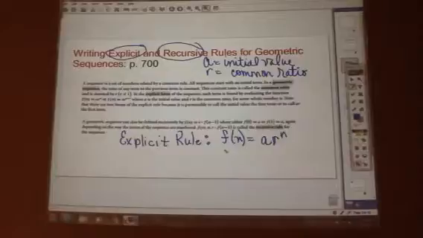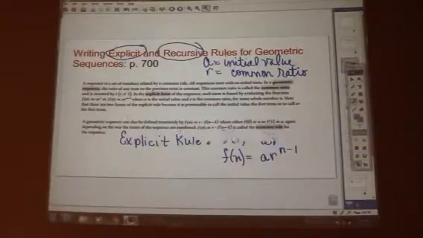The second one is f of n equals a r to the n minus 1. And I'm going to tell you which one to use when. It will be one of these two for the explicit rule. And once you write the rule, that's all we're doing. We're writing a rule and not working anything out. Now let's read on to the next paragraph.